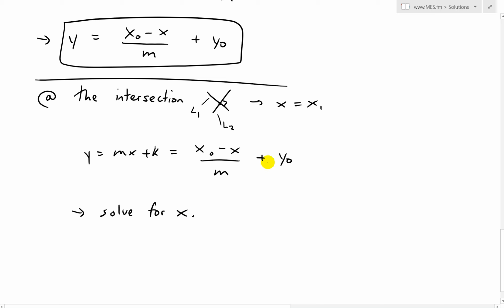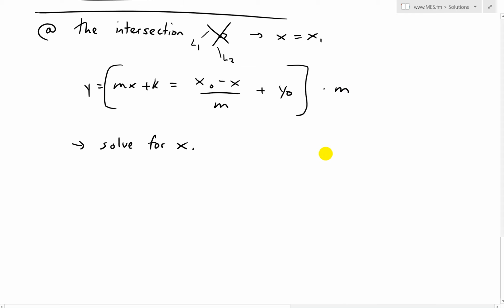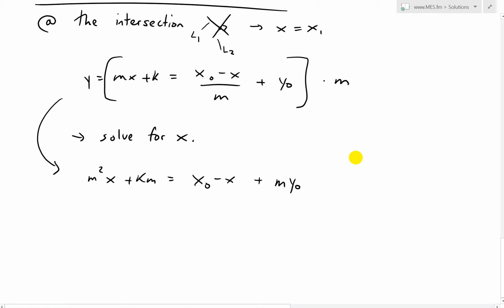To solve for it, we can simplify this. I'm going to multiply by m on both sides, to get rid of this m over there. So then we have m squared x plus km equals x0 minus x plus my0.